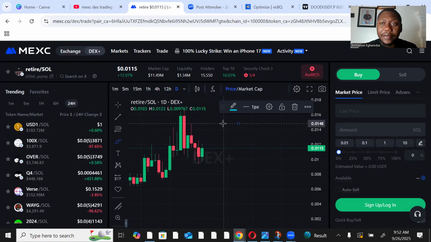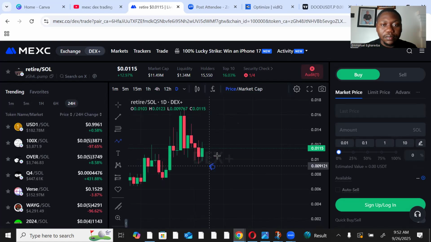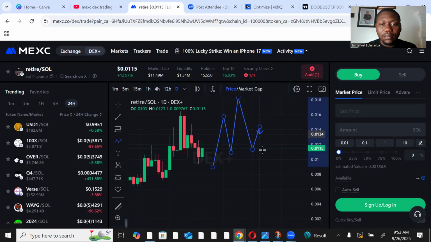Now, for a buy scenario, let me remove this. A buy scenario is like this. It's just the opposite of what we did before. Price comes here, taps into POI.